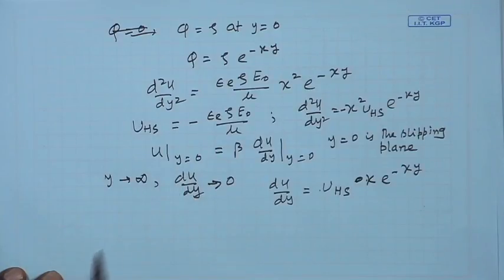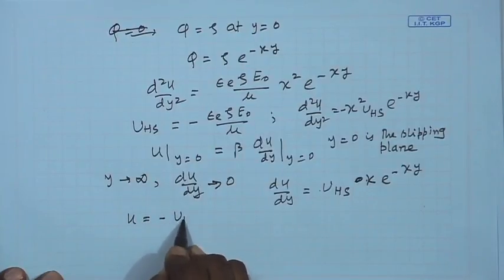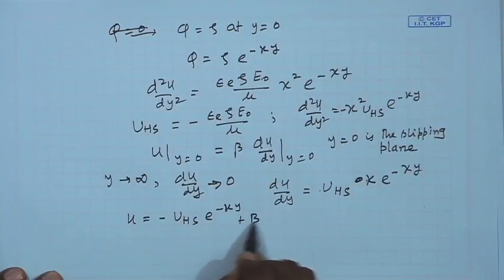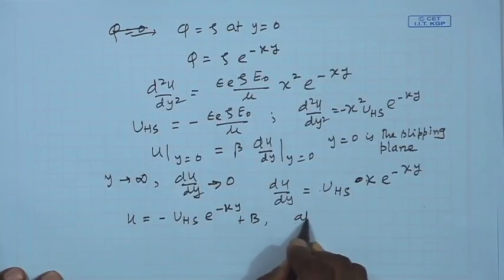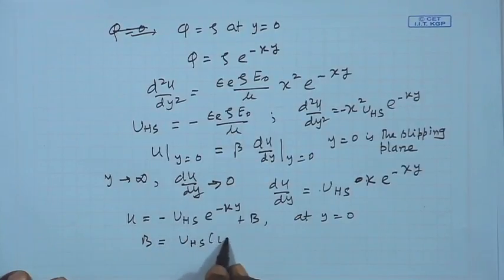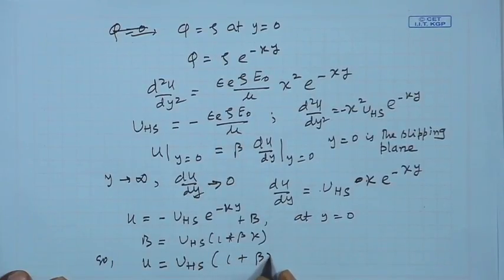Integrating again, u equals minus UHS e to the power minus kappa y plus b. At y equal to 0, we apply the slipping condition, and from there we find that b equals UHS into 1 plus beta kappa. So u is basically UHS into 1 plus beta kappa minus e to the power minus kappa y. This is the form of the velocity.